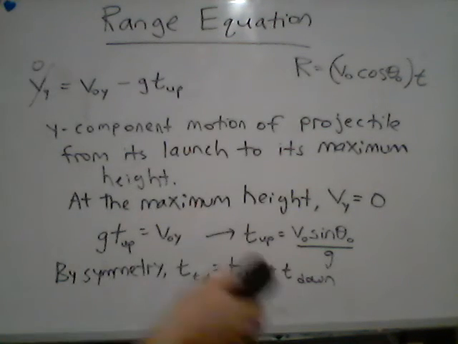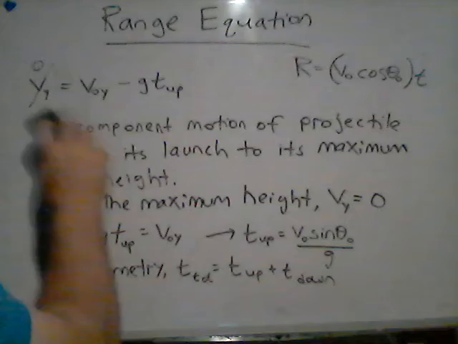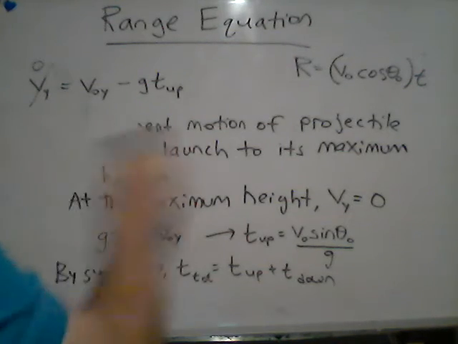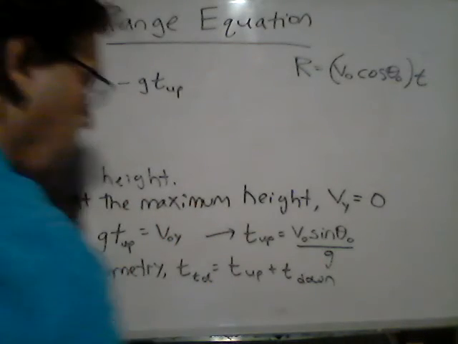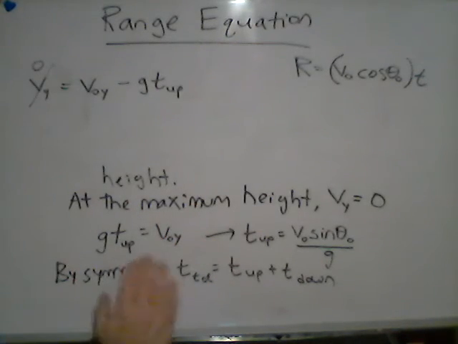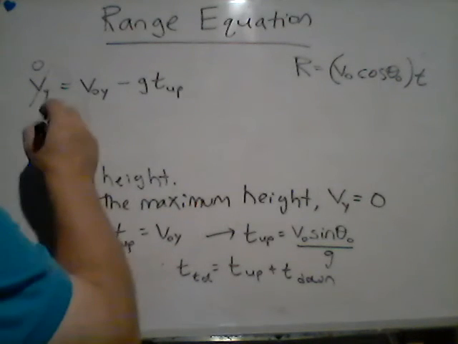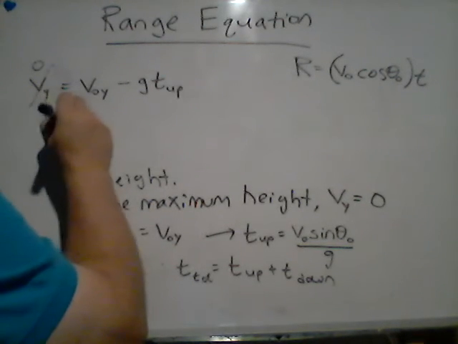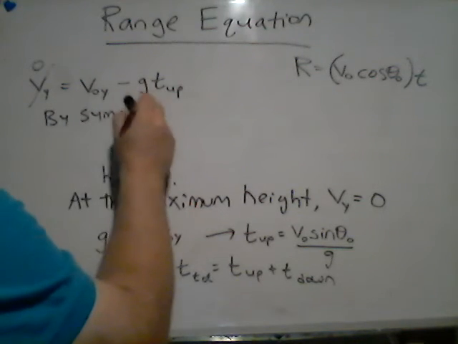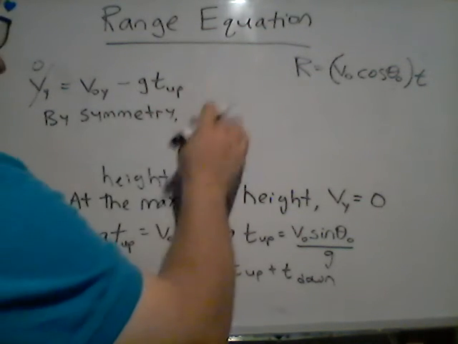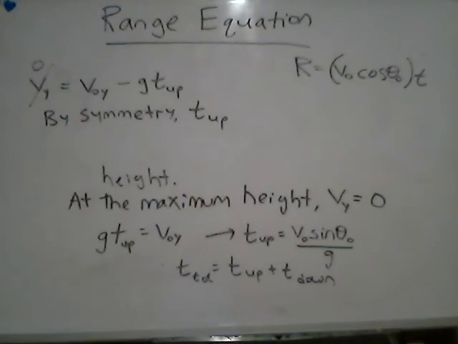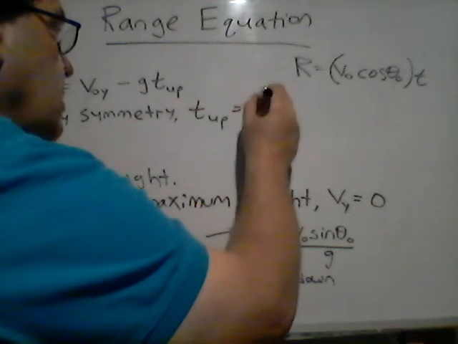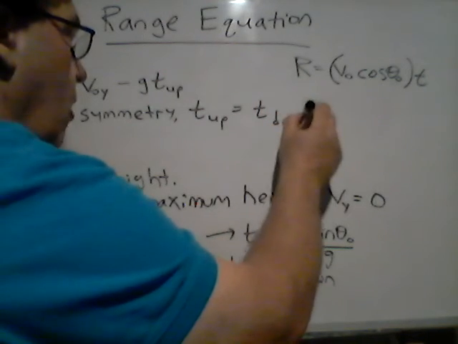We're going to make a statement that by symmetry, we expect that the time for the projectile to rise is the same as the time for the projectile to fall.